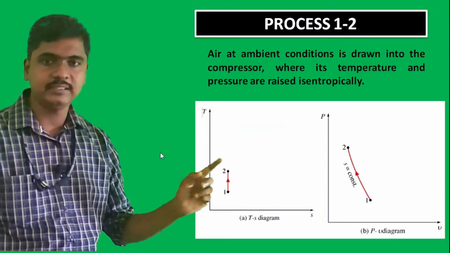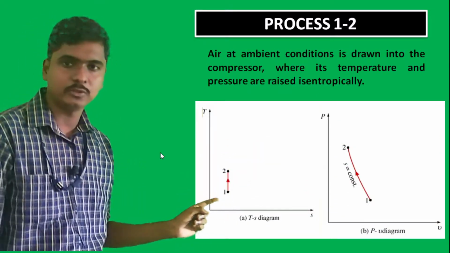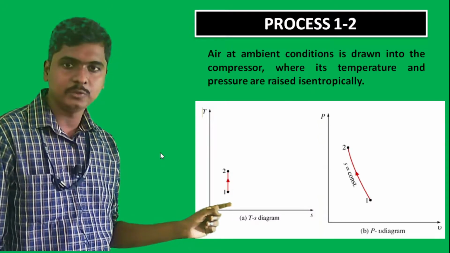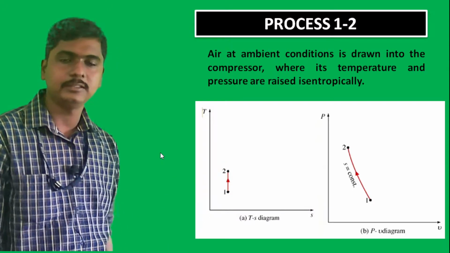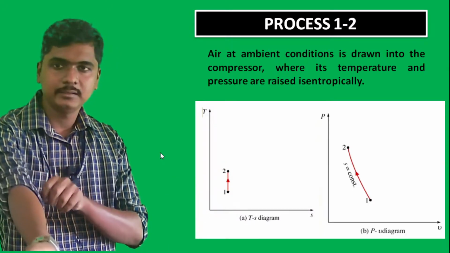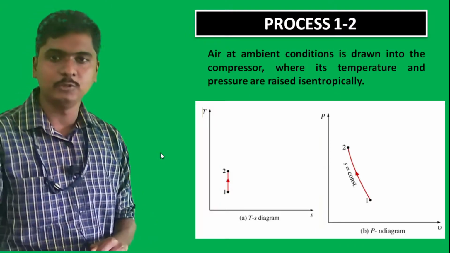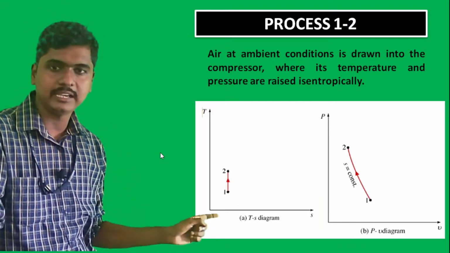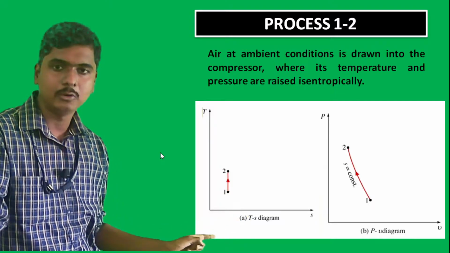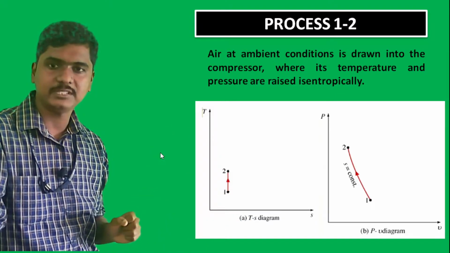So if I draw the TS and PV diagram, this process 1 to 2 in the TS diagram is nothing but isentropic compression of the atmospheric air. Here the x-axis is entropy and the y-axis is temperature.